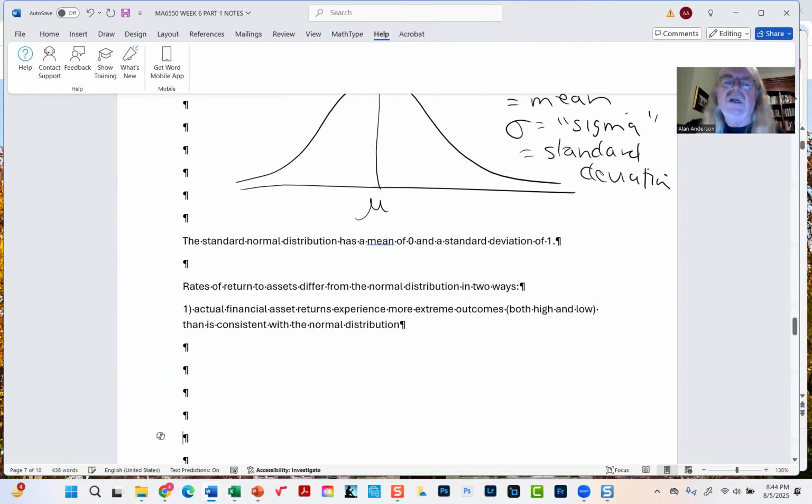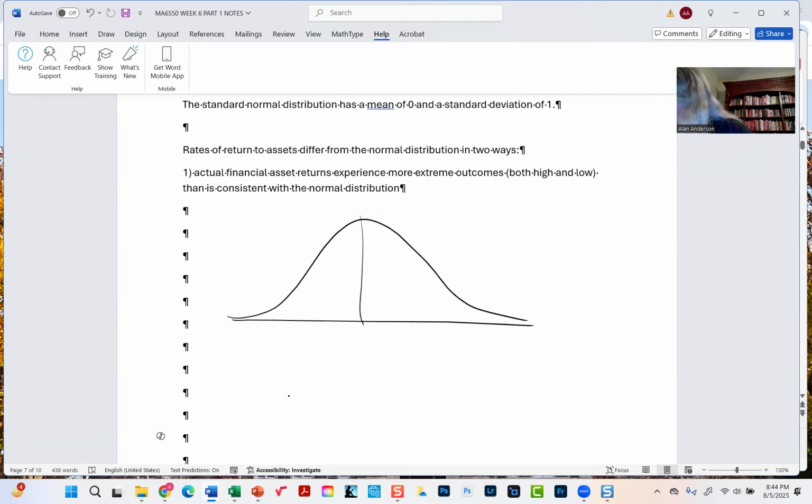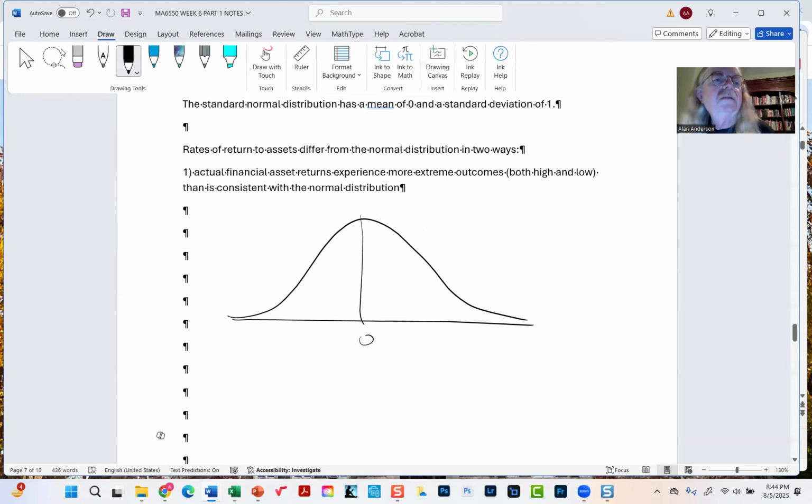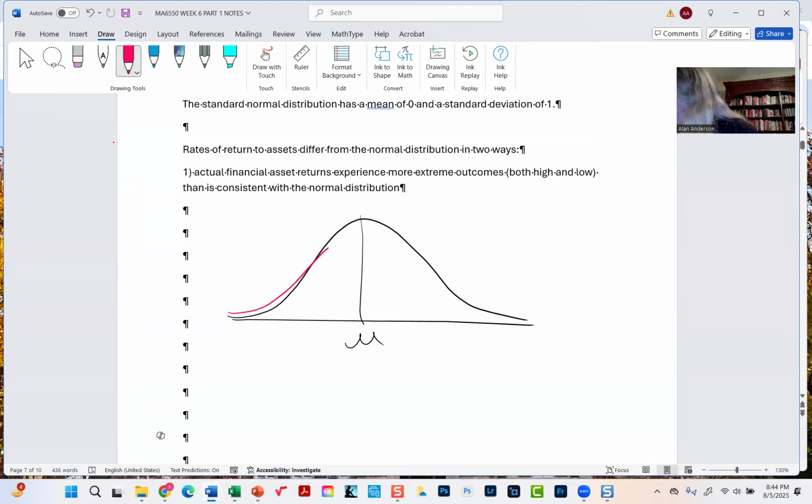Okay. So in other words, you're going to see something like this instead of the normal. Black will be the normal distribution. We'll have red be the actual returns, and they're going to be more like this. So this is actual returns.